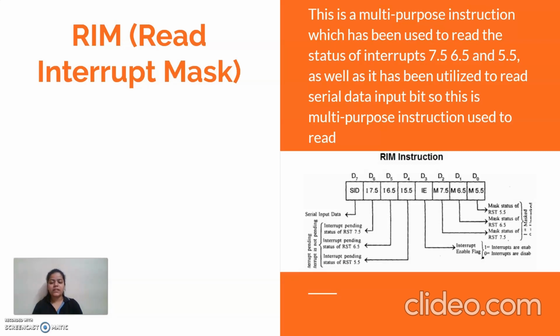The D7 bit is the serial input data bit. D6, D5, D4, these 3 bits show whether interrupts are pending or not. An interrupt is pending if the bit is equal to 1. D3 is the interrupt enable flag, whereas D2, D1 and D0 are the mask status of RST 7.5, 6.5 and 5.5 respectively.